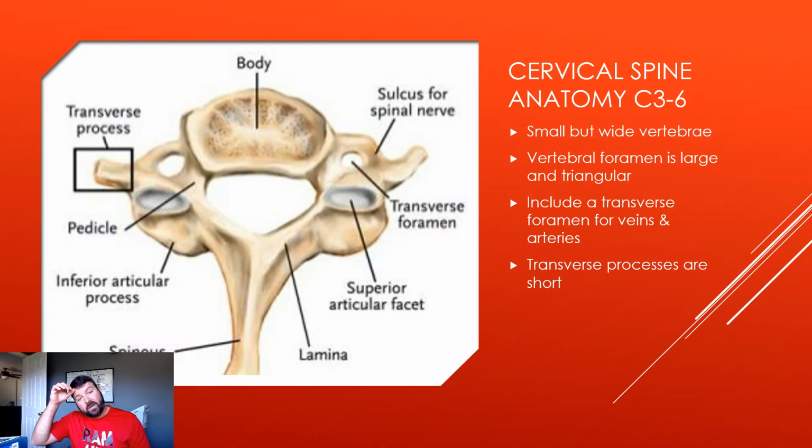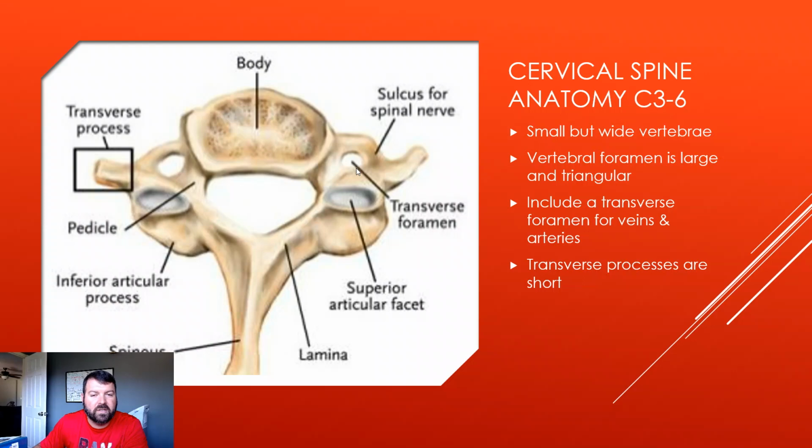More about the cervical spine anatomy, mainly C3 through C6. These are very small, light, wide vertebrae, which allows for more motion, obviously even more than in the thoracic spine. They also have transverse foramens for the veins, nerves, and arteries that travel through.